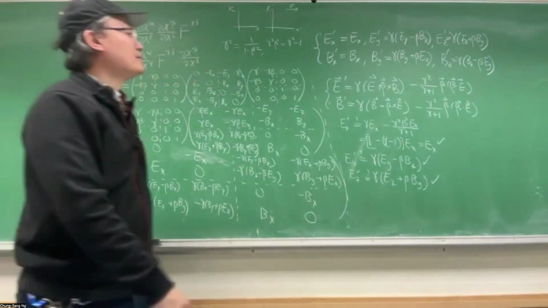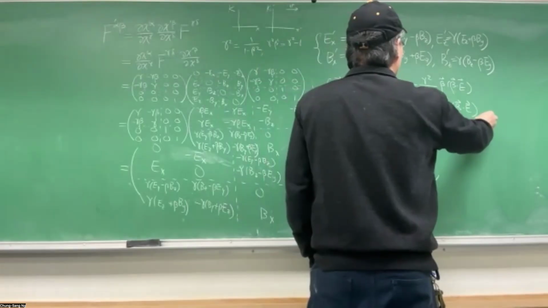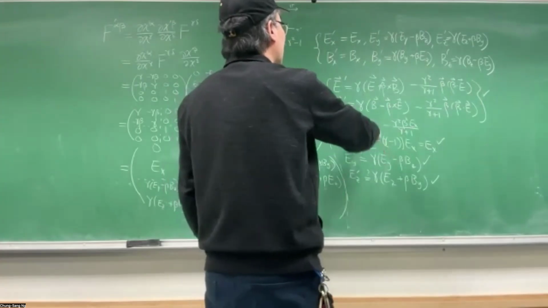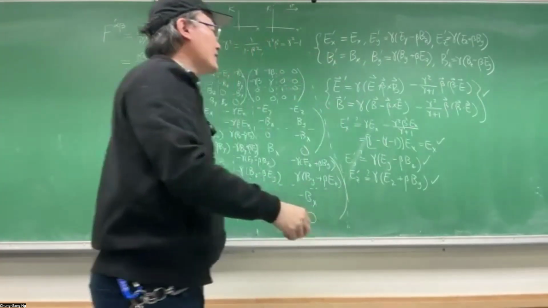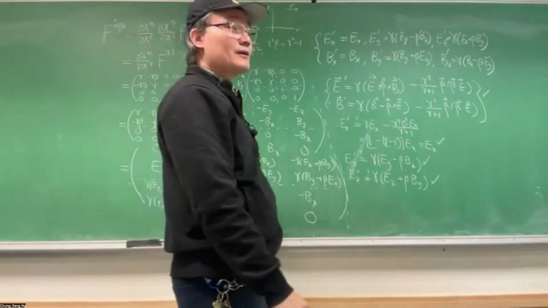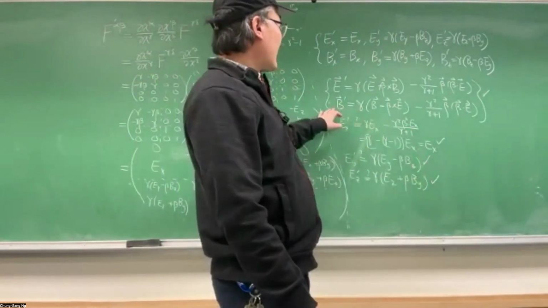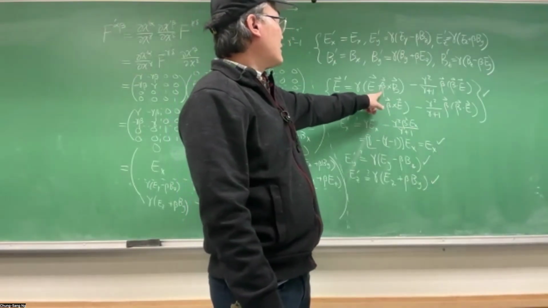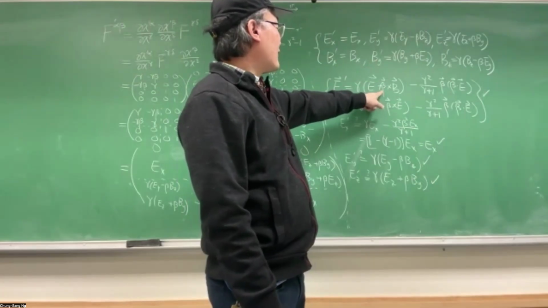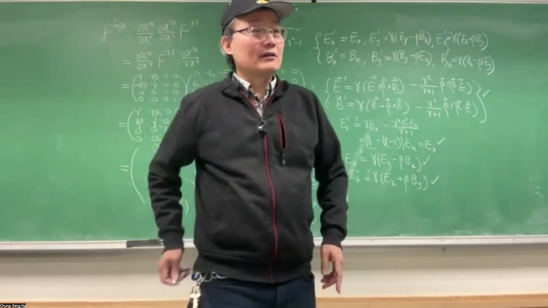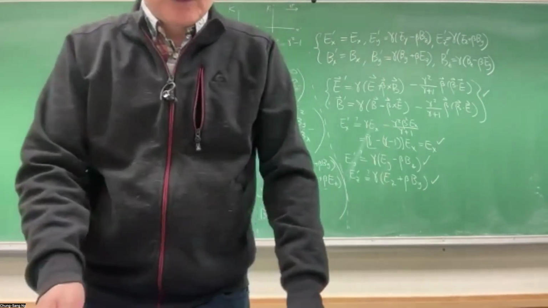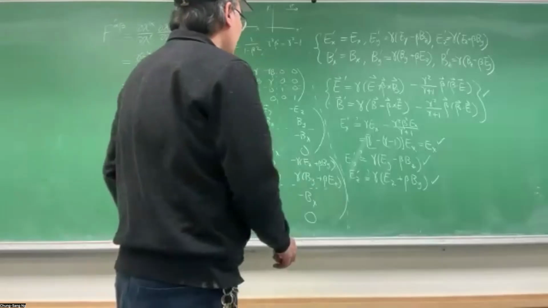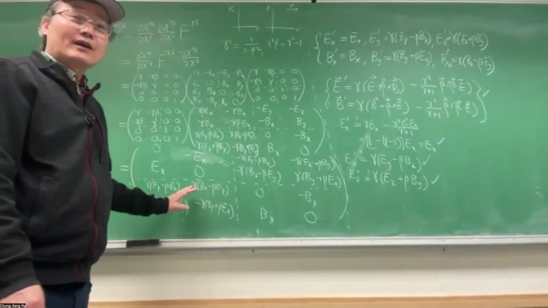So you can say this is also valid, and you can use either one. You can use this set or this set, depending on the situation, whichever is easier to use. This one is slightly more general because it's in vector form. You don't necessarily have to assign beta in any direction. But anyway, both of them you can use. It's okay.